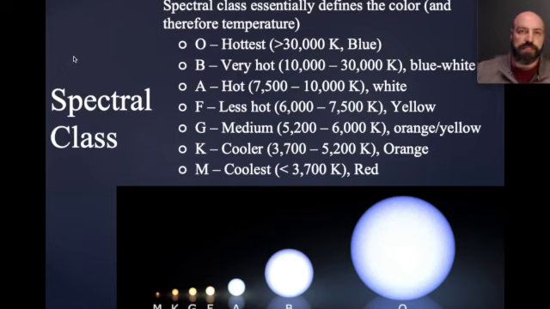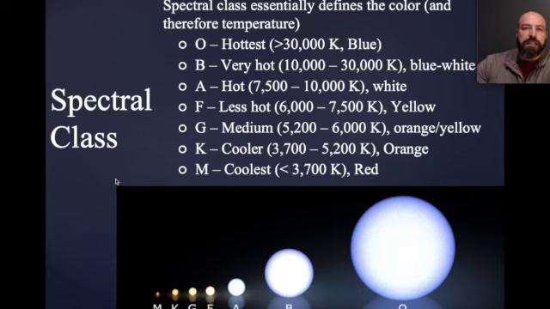Now, spectral class is related to temperature, but more specifically, it's color. Color and temperature kind of combined. So we have O is the hottest. There's letters B, A, F, G, K, and M. You'll have to look up another video to figure out why in the world they named them those letters.